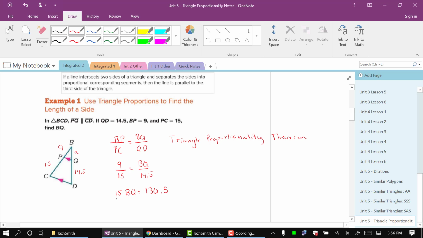Divide both sides by 15. We get that BQ equals 8.7. So BQ is 8.7.